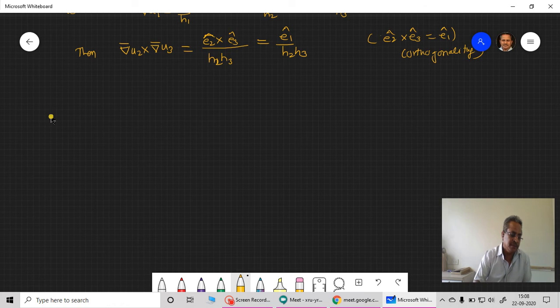Therefore from this I can write e1 cap is equal to this; take this h2 h3 to that side, so you will get h2 into h3 into the bracket grad u2 cross grad u3. So I got e1 cap in this direction. Call this another equation number 3. e1 cap is this.